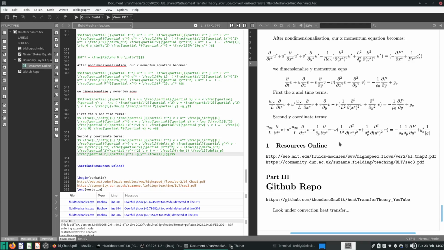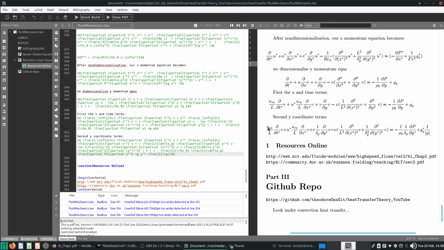The next thing we want to do is to fast forward the multiplication thing. So we basically divide by U infinity over L, but since in the last equation we did it twice, I'm just going to fast forward.